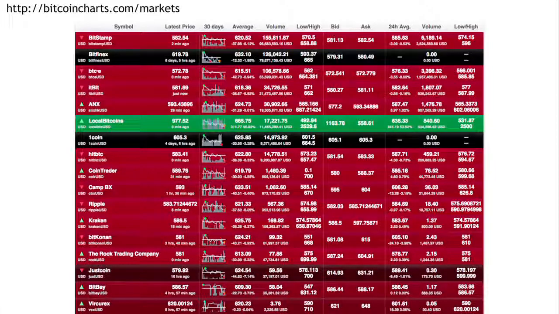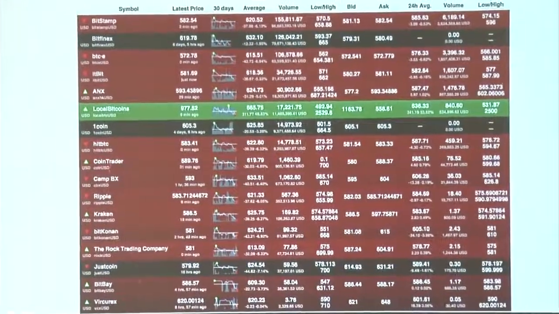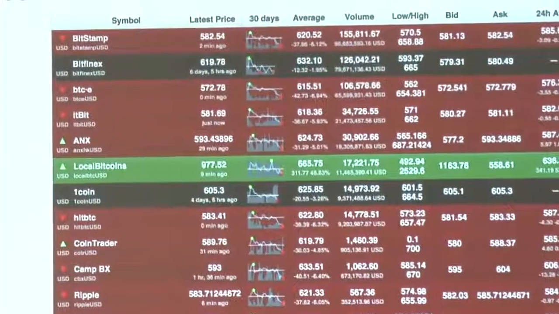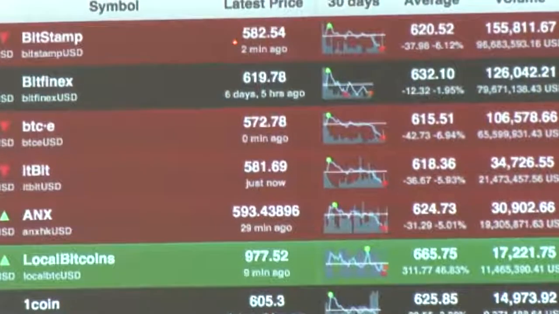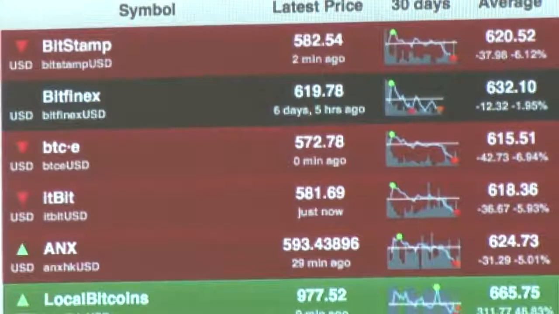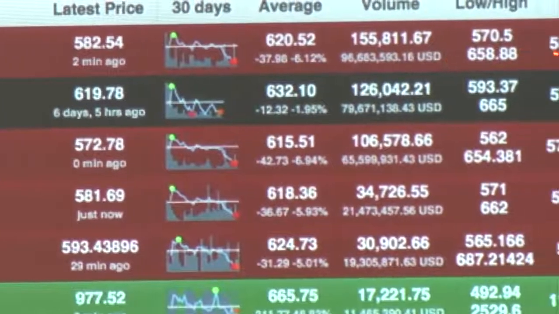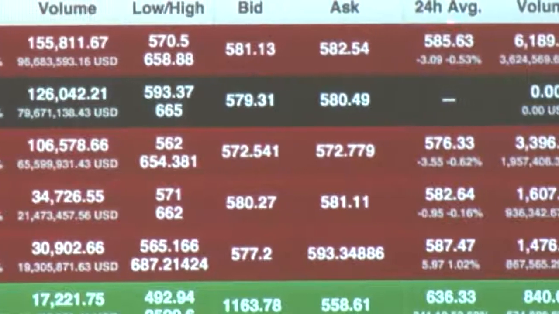And you can see there's a list of different exchanges or different places where you can trade dollars against Bitcoins here from top to bottom. Up here at the top, we have Bitstamp, which on this particular day had the highest volume. For each one, there's the current price. For Bitstamp, on the day I took this screenshot, it was $582.54. You can get graphs, you can look at the average, the volume, etc. The 24-hour average price was $585.